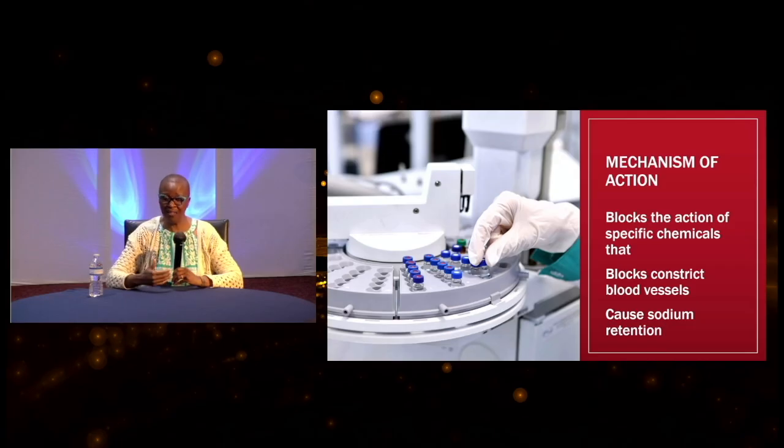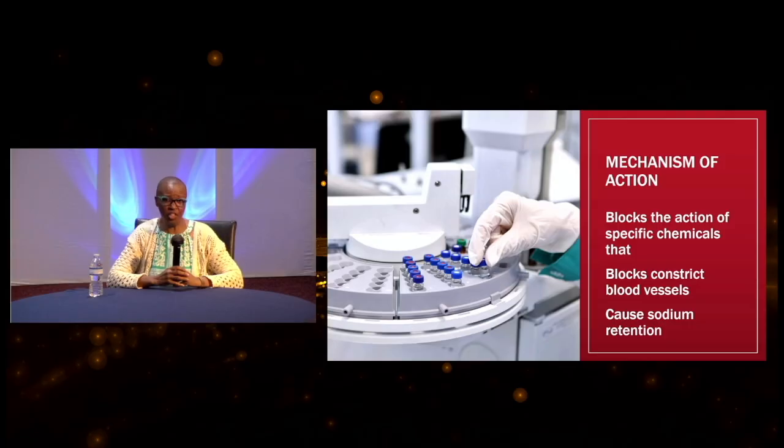So at all times, what we're trying to do is, if you have hypertension, to not get the blood vessels any smaller. The smaller the lumen of the vessel is, the harder your heart is going to work. So we're trying to do everything we can to keep the vessels dilated.